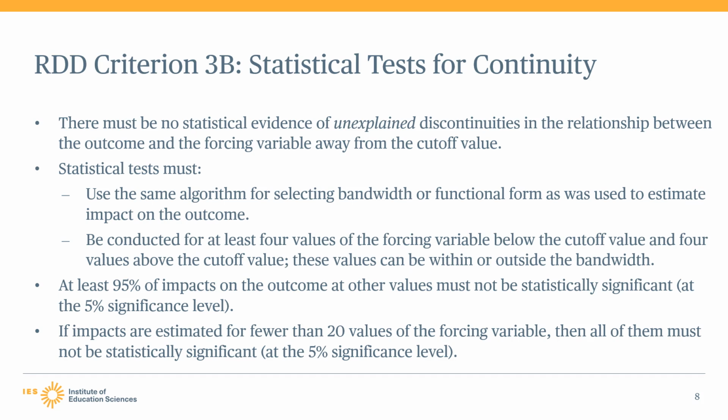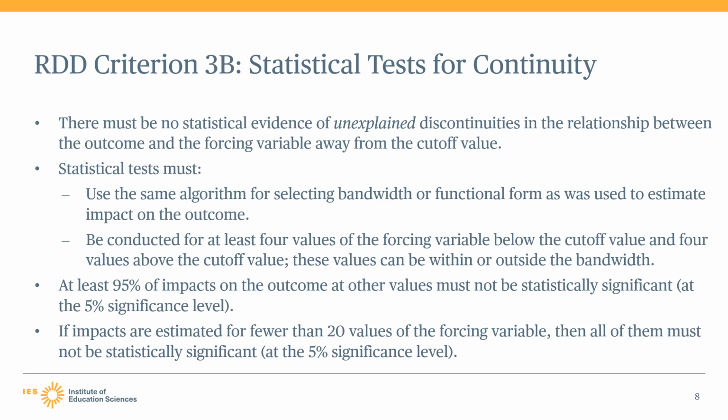Further, these statistical tests must be conducted for at least 4 values of the forcing variable below the cutoff and 4 values above the cutoff, and at least 95% of the estimated impacts on the outcome at other values of the forcing variable must not be statistically significant at the 5% significance level.